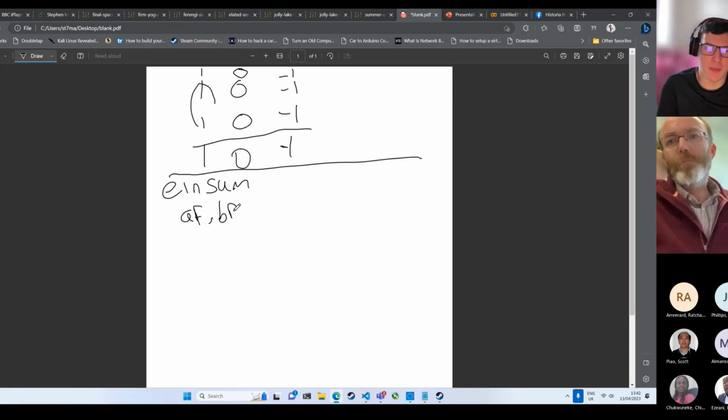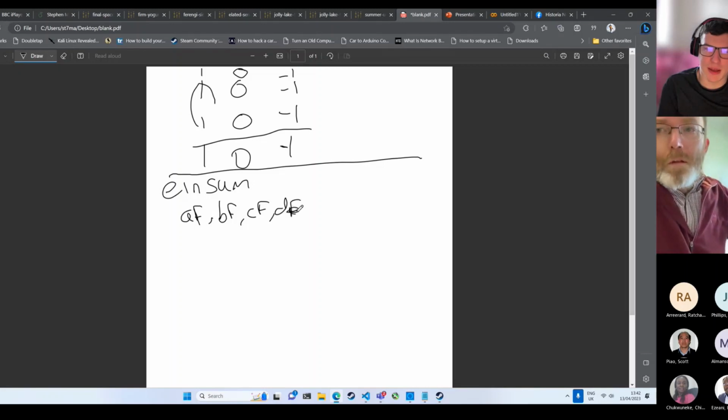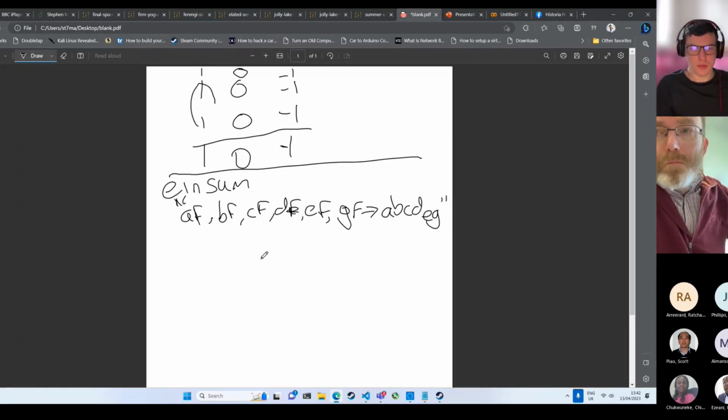I can then specify BF, CF, DF, EF, and I've already used F, so let's go for GF as well. I can literally pass it this as a string and say I want the shape A, B, C, D, E, G out, and then I give it these 6 tensors. And it does this multiplication and summing along the feature space for you.